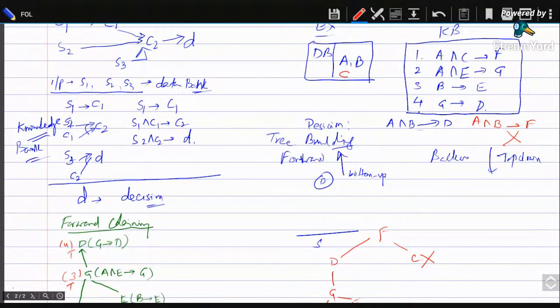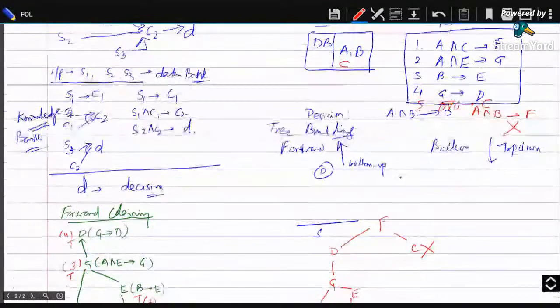As of now, without this C or any other thing, like a fifth one saying A, what is that? D or G implies C, because D is true, G is true, C will become true.